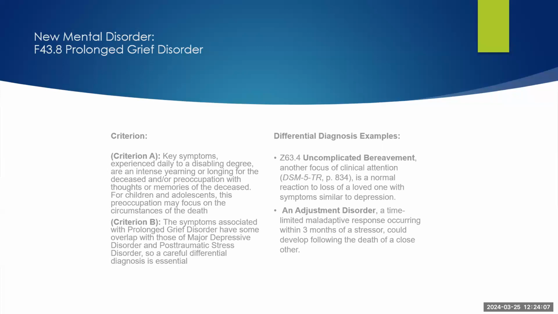This is why it was added, but pay attention to the time frame for diagnostic purposes. 12 months for an adult and 6 months for a child after the death of someone for that bereaved person. So this is someone who has had a very long time and a long process with processing grief.